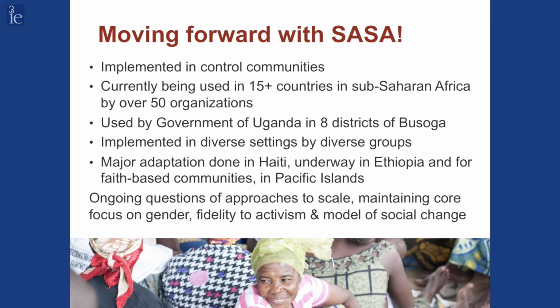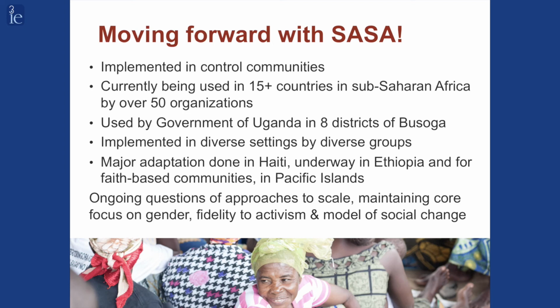It's been adapted to very different settings, so there's a major adaptation in Haiti, and there's quite a large program in Ethiopia, for example. There's a focused version of SASA for faith-based organizations, and there's a new adaptation that's about to happen for the Pacific Islands. The NGO continues to struggle with questions as we think about scale. How do we do that?